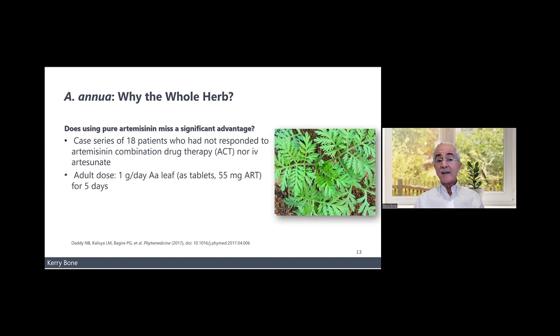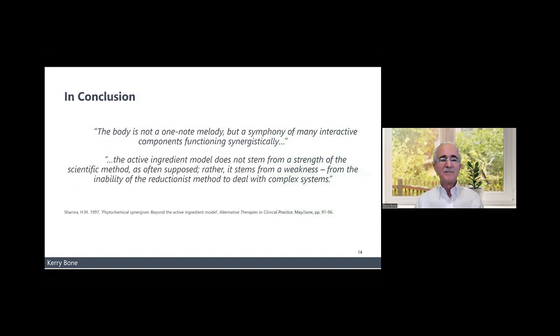So in the study, they instead gave just 1 gram a day of Artemisia annua leaf containing 55 milligrams of artemisinin, which is quite a low dose, for 5 days. And the extraordinary thing was that all patients who had been refractory to drug therapy with high doses of purified artemisinin or its derivatives, all patients, including children, fully recovered from using the whole herb.